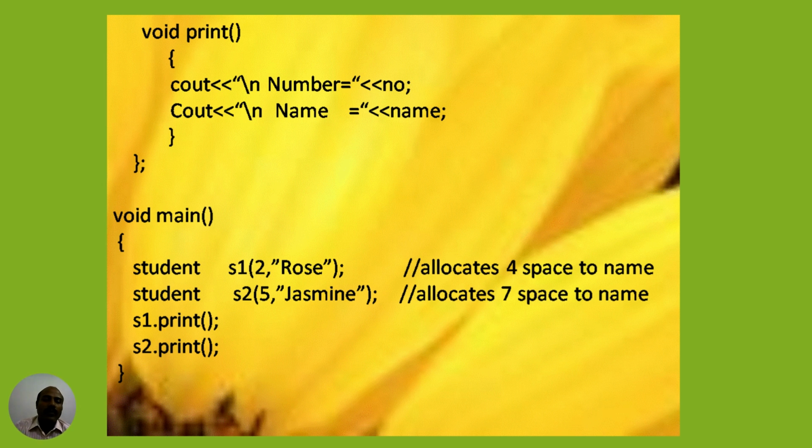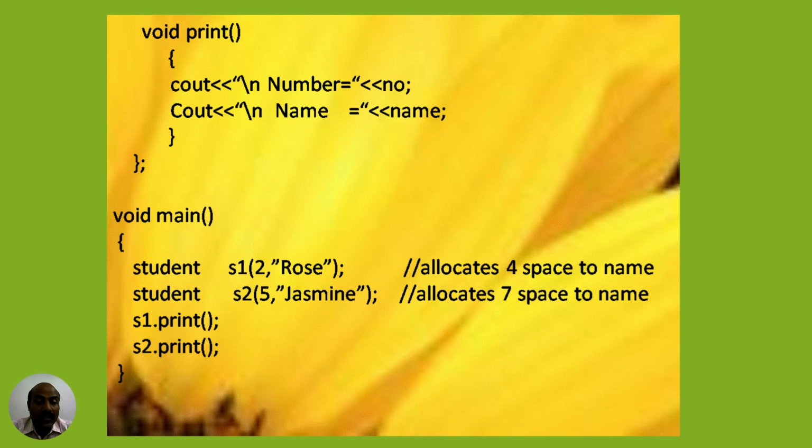And void main, there is only one main function in every program. Why? Because program execution starts with the main function, and we declare the objects of the class student. S1 and S2 are objects of the class student.